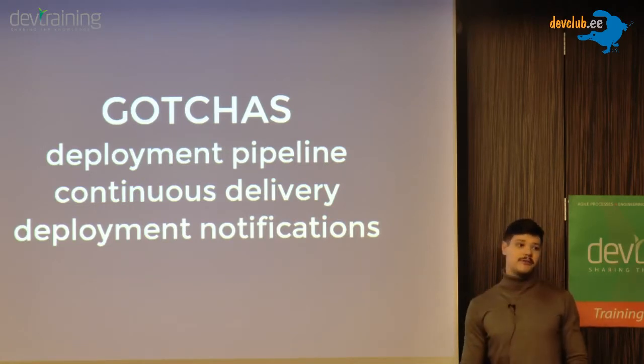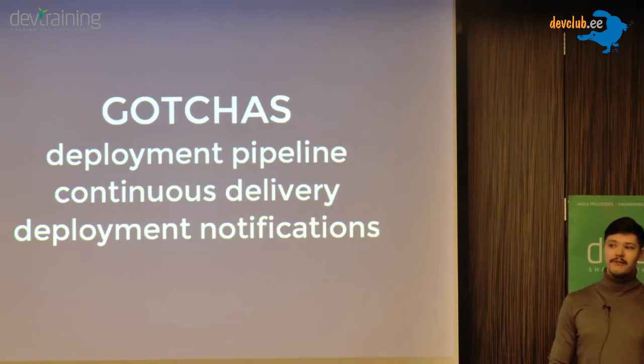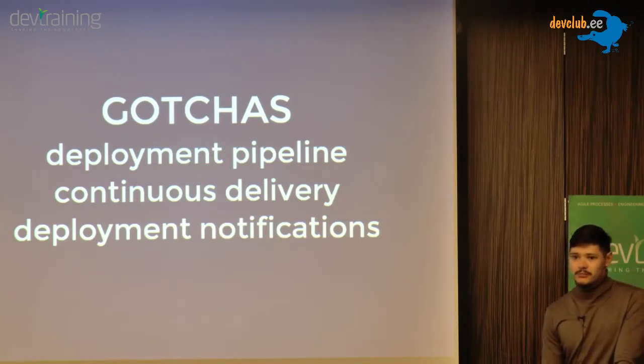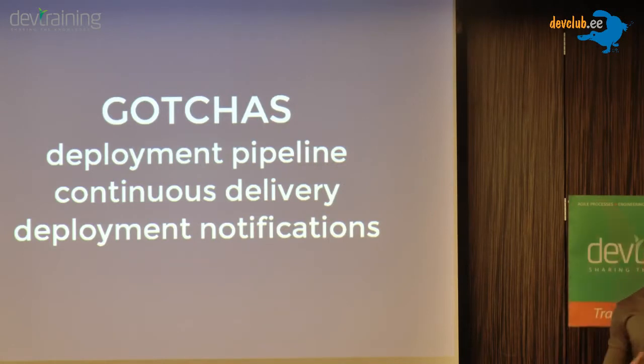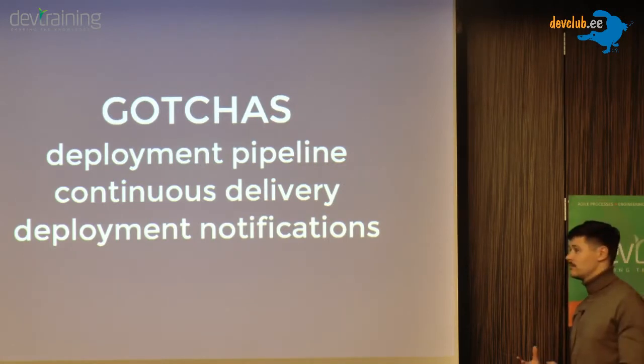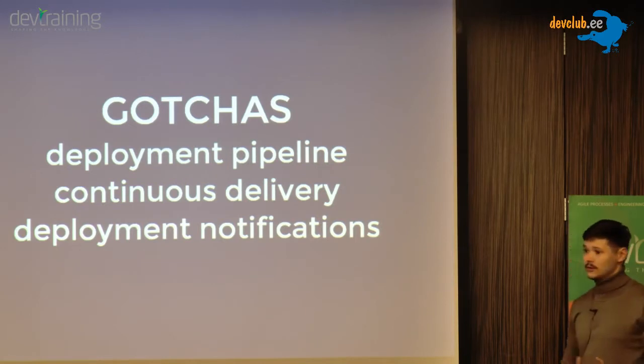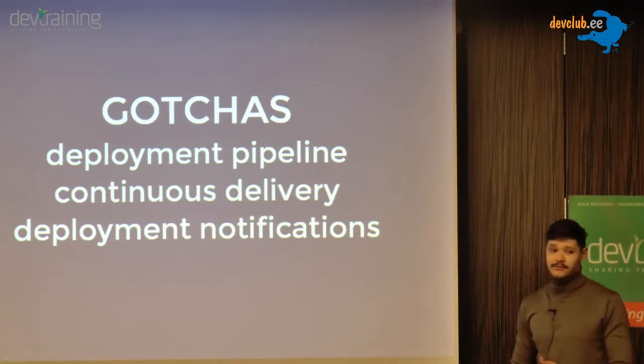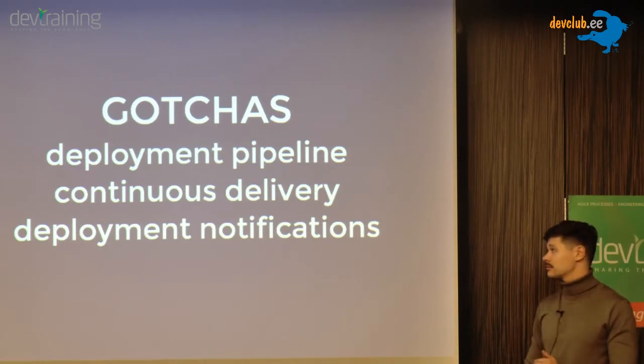Then deployment notifications, also we haven't yet figured out how exactly to do this. For example, in case you want your monitoring system, New Relic probably, to get notification whenever deployment is done and what exactly has been rolled out, like a changelog, then currently we don't have a way to do this.